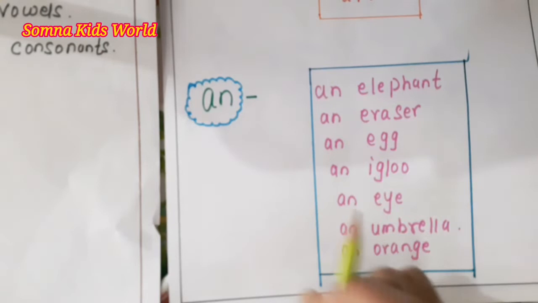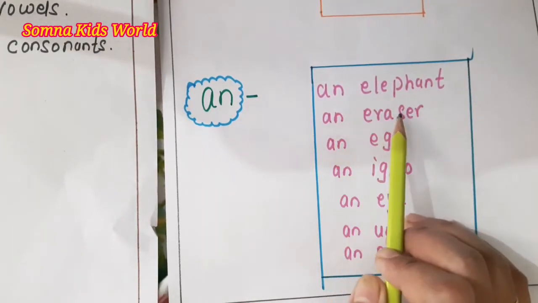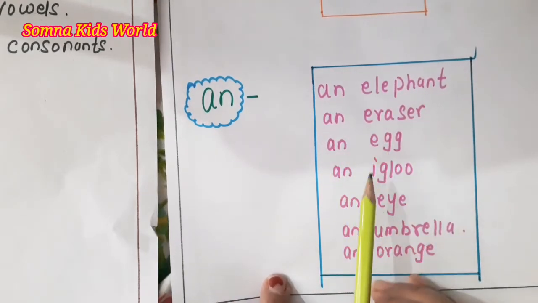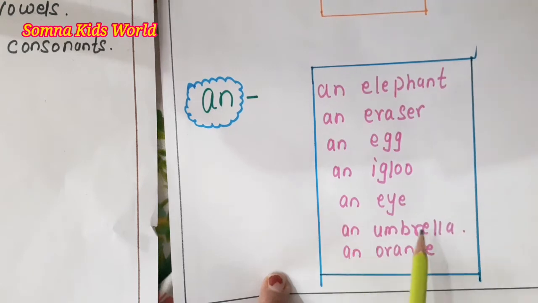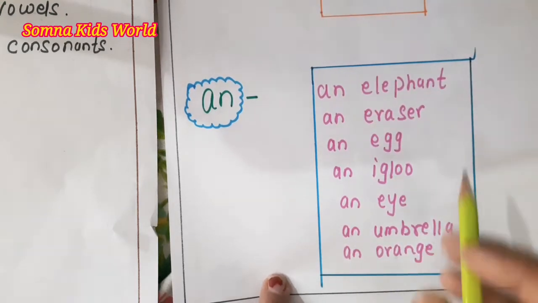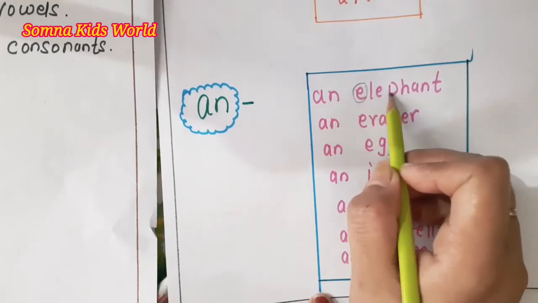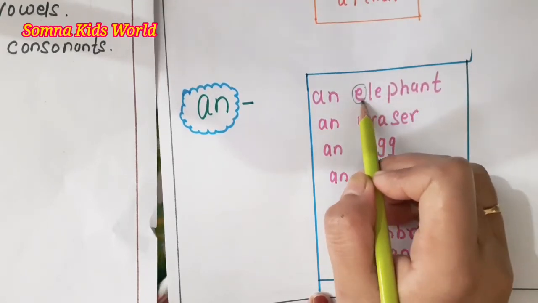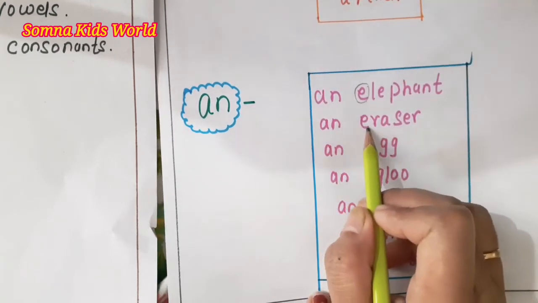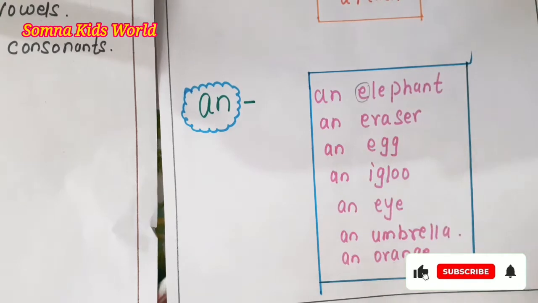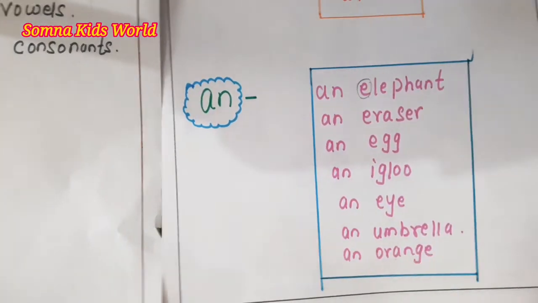Next you can see the vowels: an elephant, an eraser, an egg, an igloo, an eye, an umbrella, an orange. Because the first letter of elephant is E and it's a vowel. And eraser also starts with E, a vowel. A, E, I, O, U.